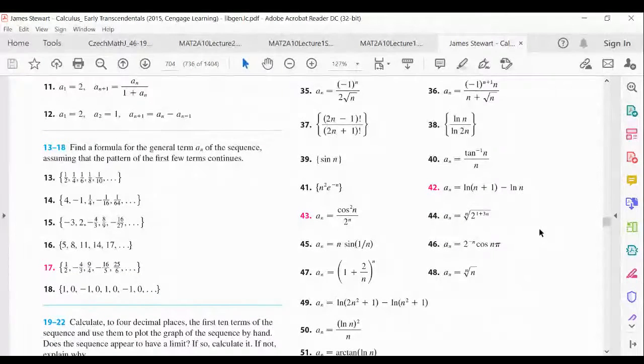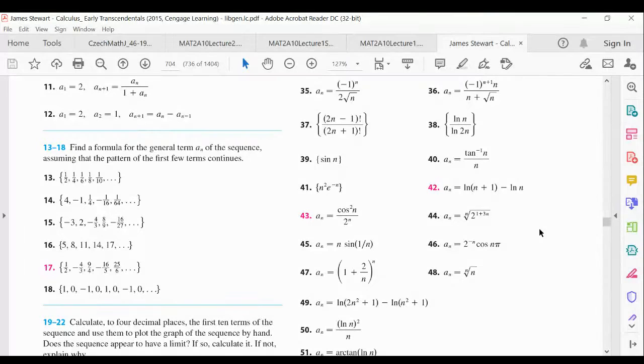45 is a nice one. I've had a few emails around 45, so I'll give you a hint for that one. For 45, you cannot use the limit laws, because there we've got the product of two sequences.